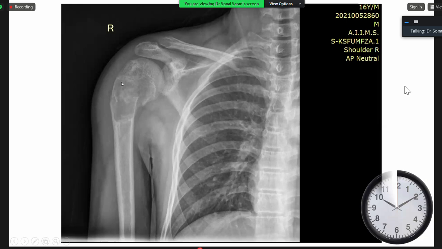So it is not necessary that simple bone cyst is always unilocular. You may find some internal septa also. And it's a case of pathological fracture. In case of simple bone cyst, they can undergo pathological fracture, and you can find fallen fragment sign and trapdoor appearance. So this is the case of simple bone cyst.